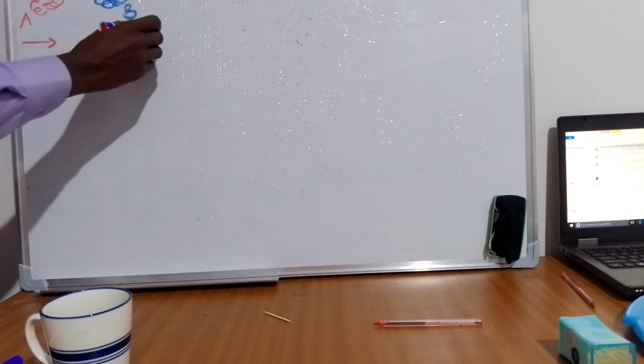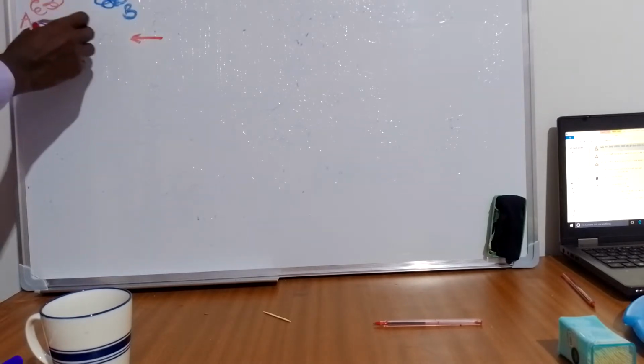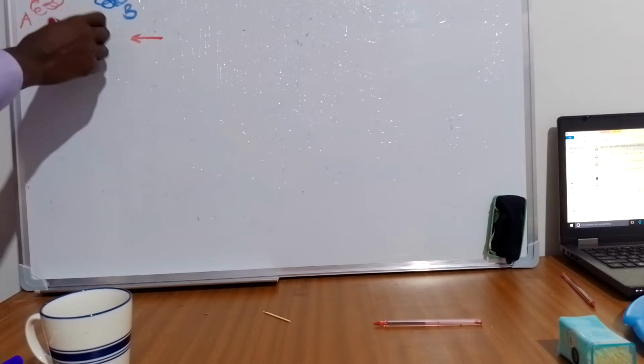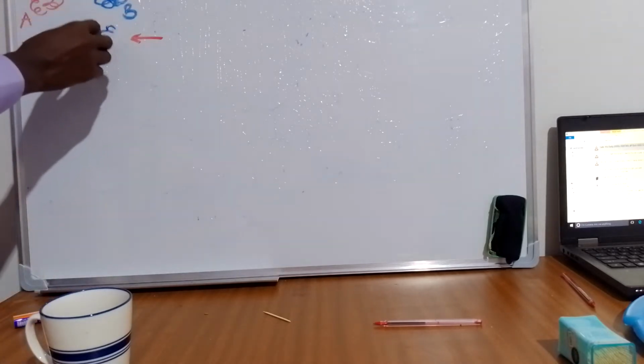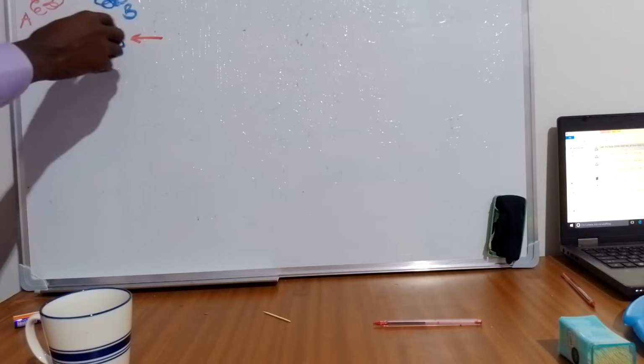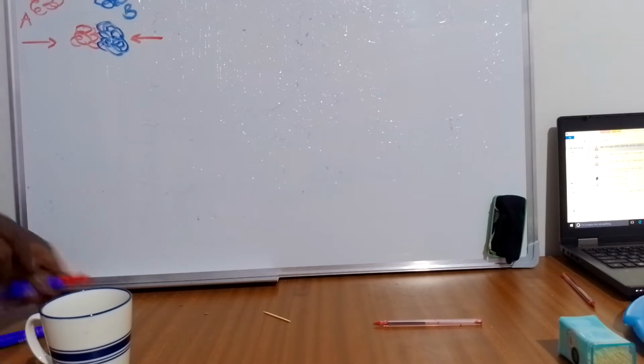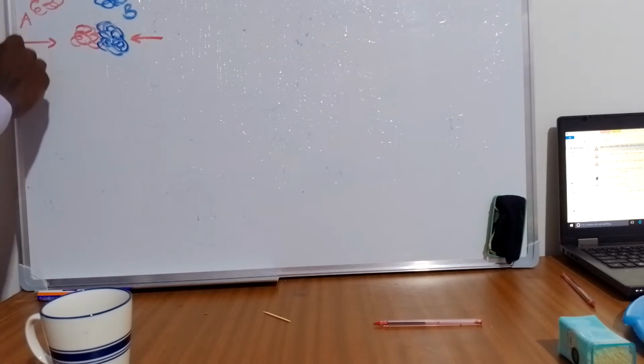Now, what happens is, when these two clouds meet, because clouds are ever moving by the help of wind, when A meets B, they rub each other. When they rub each other, there happens what we call friction.